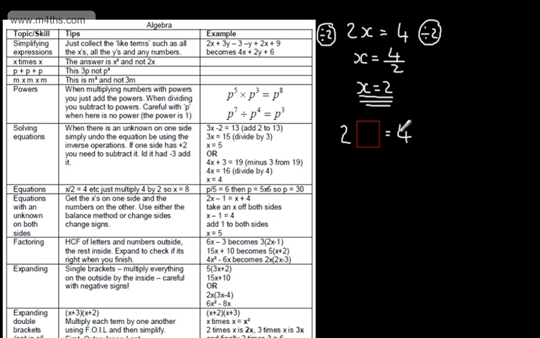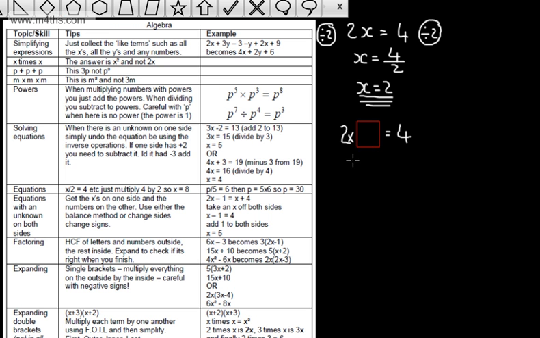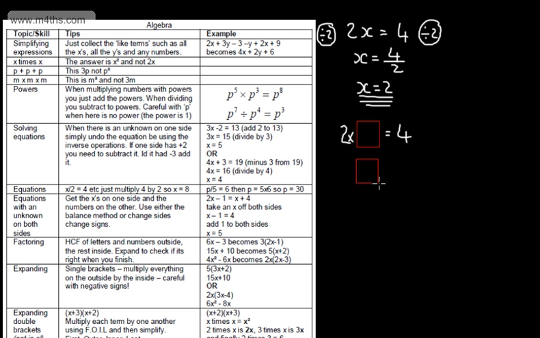What do I need to put in here to make this correct? Even if you want to write 2 times something, whatever's in that box is going to be 4 divided by 2. So whatever's in this box now, some number. X is just a number that we're trying to find. That number is going to be 4 divided by 2. We're doing the opposite.